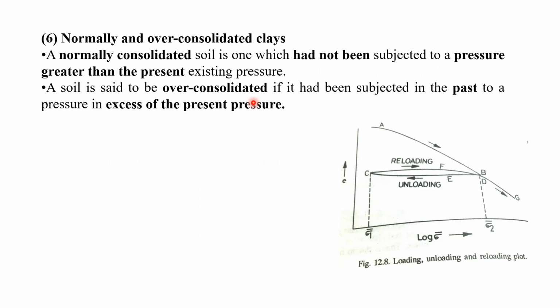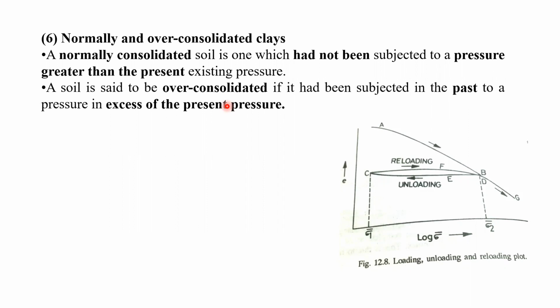But now the building is not there, and you are going for a new construction. Earlier, when the old building was there, 5 kilonewton per meter square stress was developed on the soil, right?